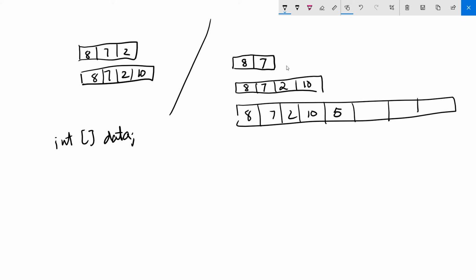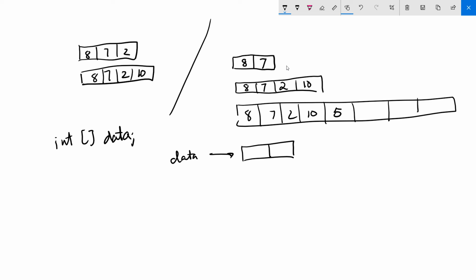Okay? Because when we first create an empty list, the data array will look like that. At that point, what is the size of the list? If we were to ask what's the size of a newly created my list, what should the answer be? 0.